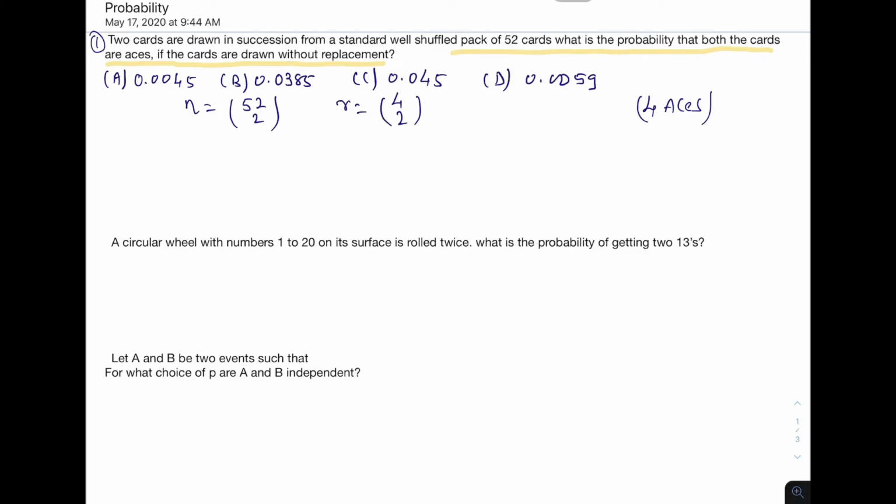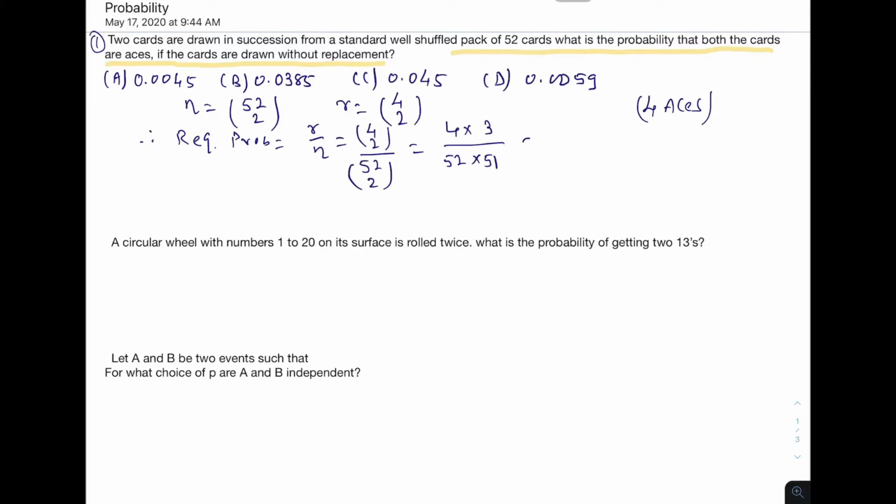So what is the required probability? Required probability is r by n, 4C2 over 52C2. So we can write 4 into 3 over 52 into 51.